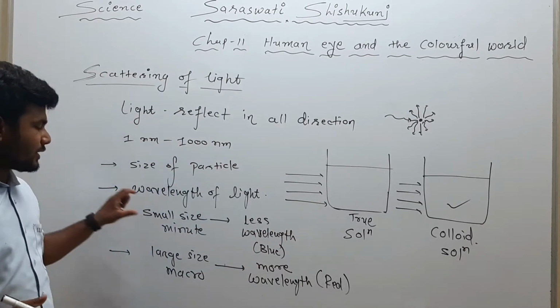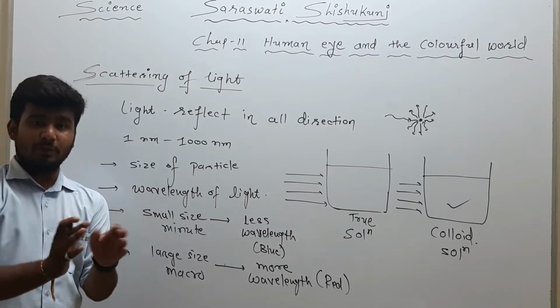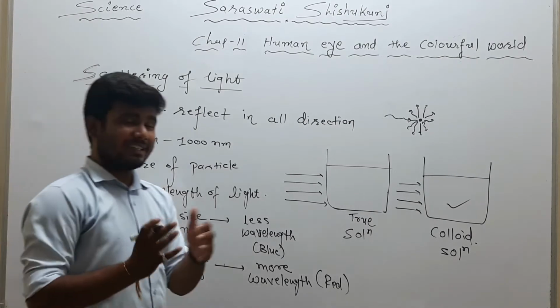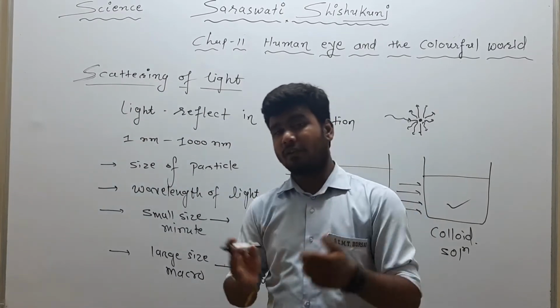Okay, so the small particles scatter the lesser wavelength, which is of blue color, and the large size particles, the macromolecules, scatter the long wavelength light, that is of red color.